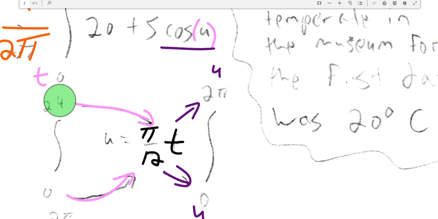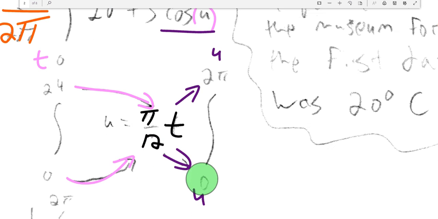So if we plug in, for example, 24 here, we get 24 over 12, which is 2 pi. So our new upper limit is u is equal to 2 pi. For the lower limit, if we plug in 0, we're going to get 0 back. So it stays the same for the bottom. So for the bottom, we have u is equal to 0. And for the top, we have u is equal to 2 pi.